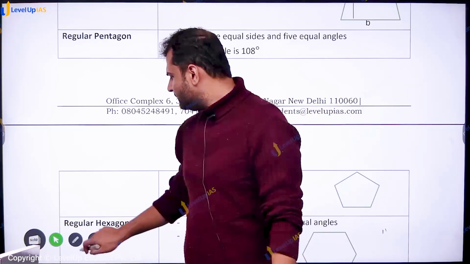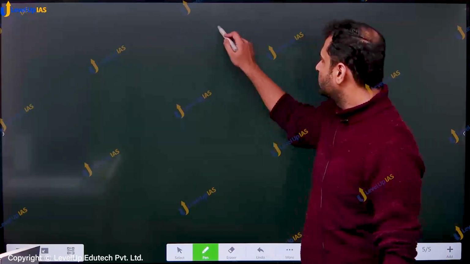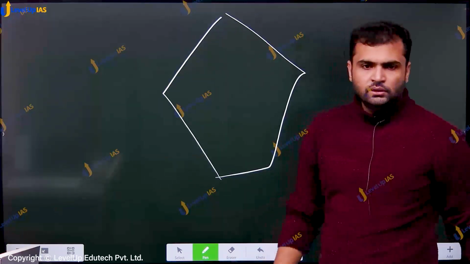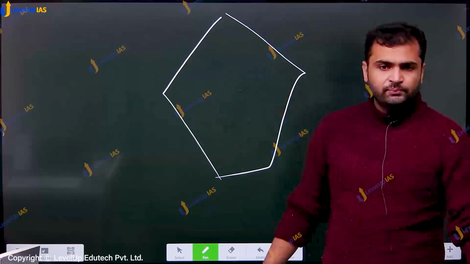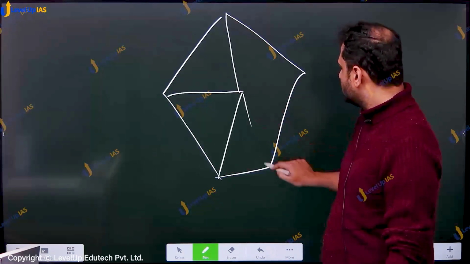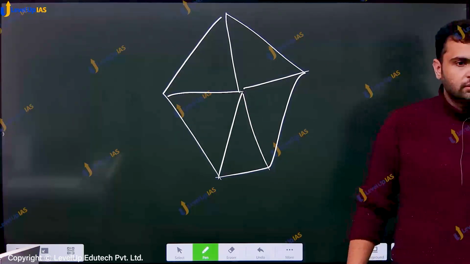How do you calculate it? It's very easy. If you have a pentagon, I take a point in the center, I form all these triangles. How many triangles do I form? 5.